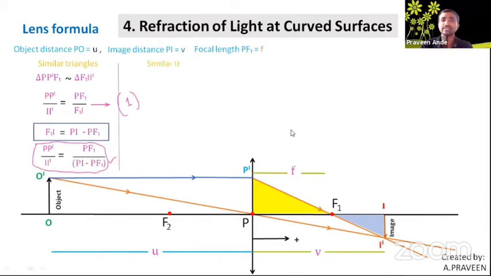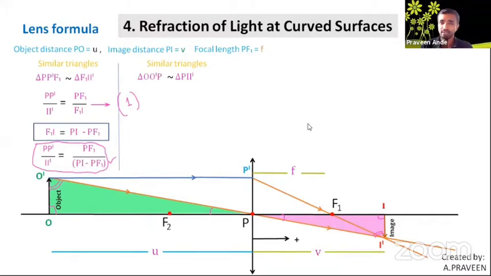Then I will get the next similar triangles. Triangle O'P is similar to triangle PI'. The corresponding sides' ratios are the same. Let me highlight those triangles for ease. Okay, I got those highlighted triangles here.